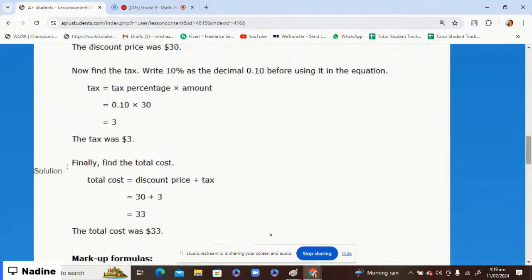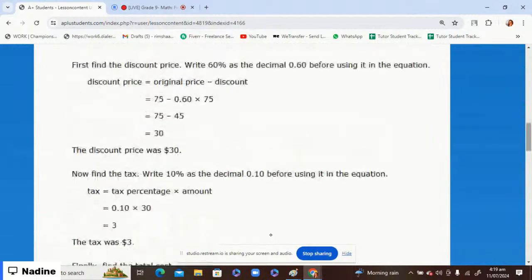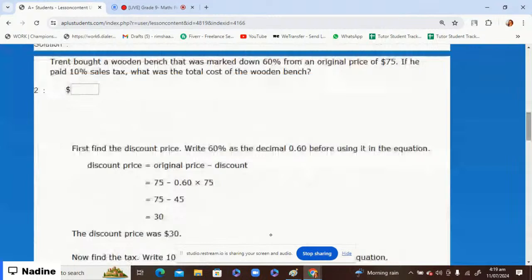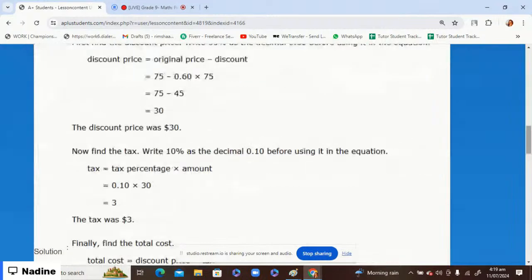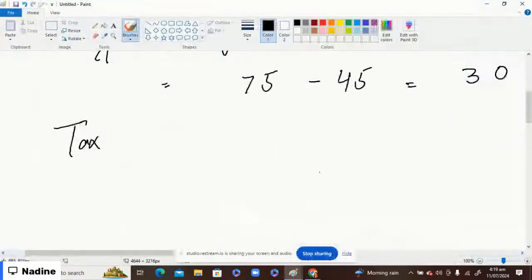So for tax, we are going to find tax percentage multiplied by amount. What is the tax percentage? Look at here now. They are saying 10% sale tax. How much is the sale tax? That is 10%.